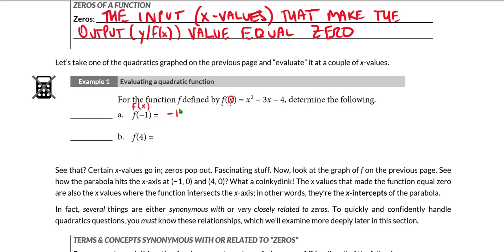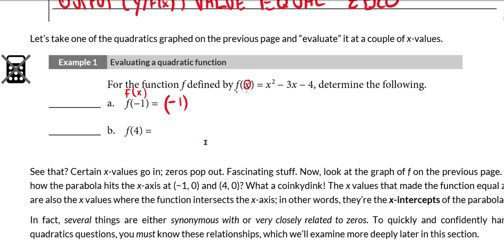So what I'm going to do very carefully here, let me zoom in a little bit, I'm going to write down (-1) squared minus 3 times (-1). Notice I'm putting everything in parentheses so I don't make any careless mistakes. This is all going to end up equaling 1, that's -3 times -1, so that's 1 plus 3 minus 4, and of course that's 4 minus 4, which equals 0.